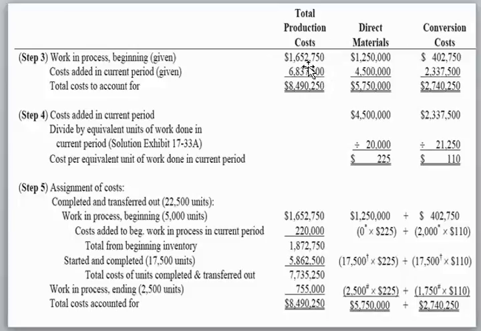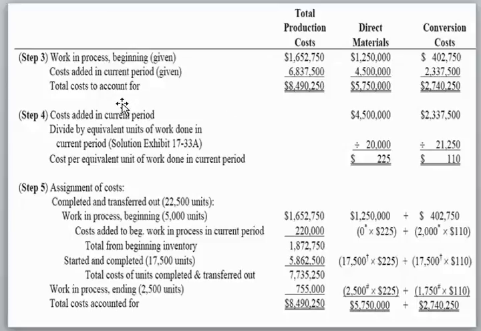The total will be 6,837,500. Total cost to account for: the total direct material will be 5,750,000 and conversion cost 2,740,250. So the total production cost to account for is 8,490,250.